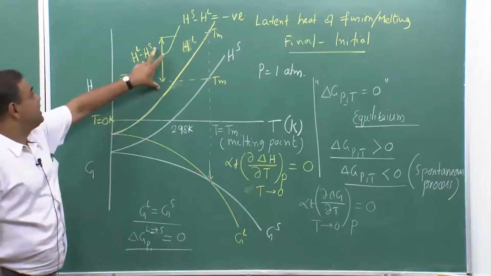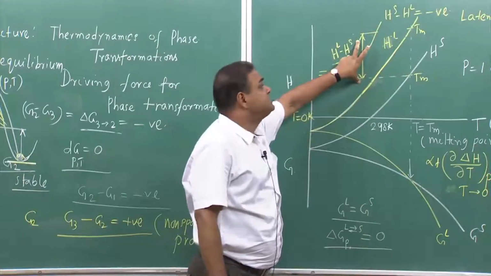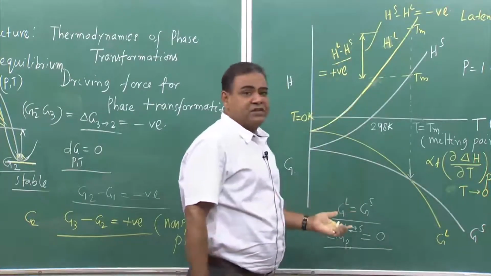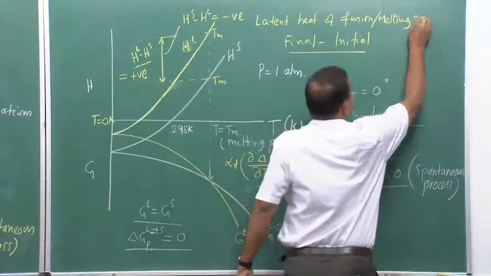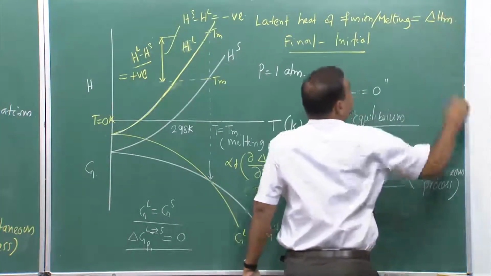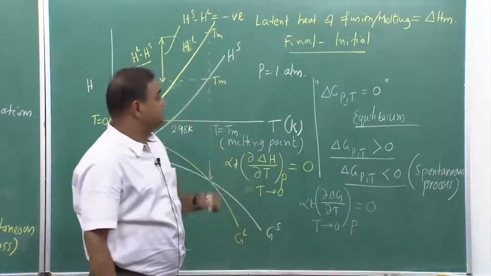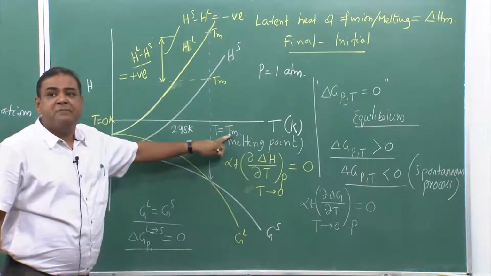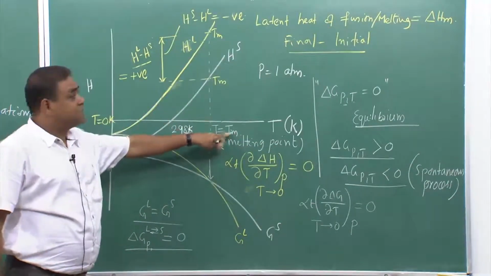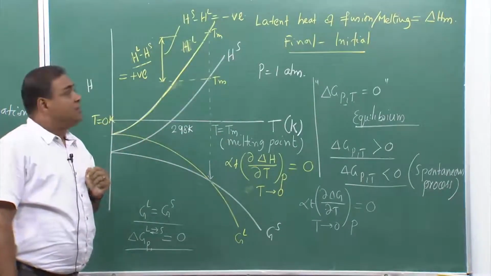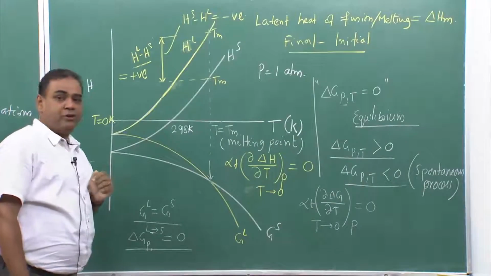So, this difference is the latent heat of fusion or melting. In our sign convention, we would consider this as delta Hm, where m is melting, here also Tm, m is melting. So, that is melting enthalpy or latent heat of fusion or melting.